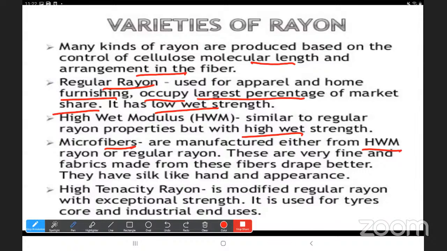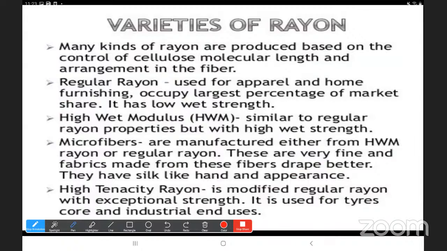These microfibers are very fine, and fabrics made from them drape better. They have a silk-like hand and appearance.